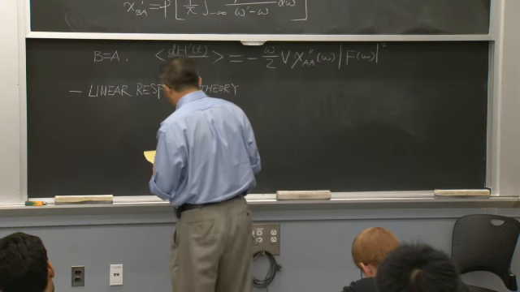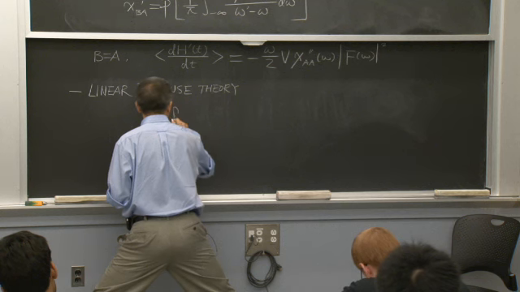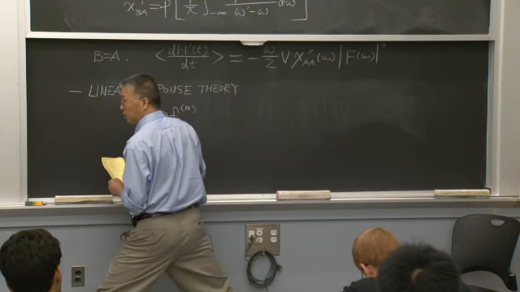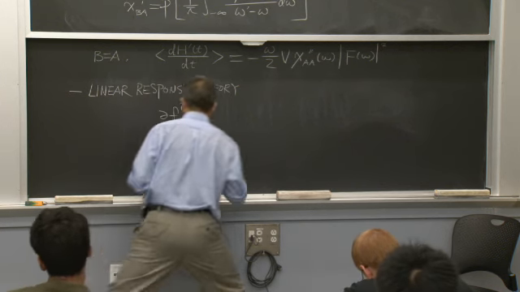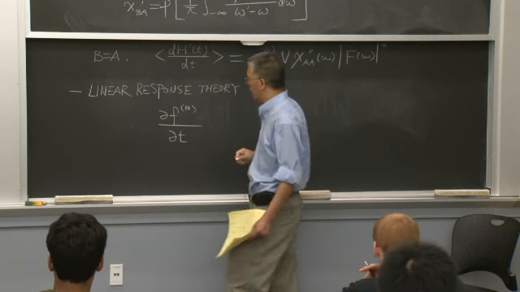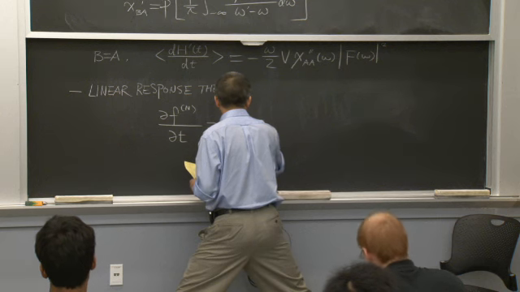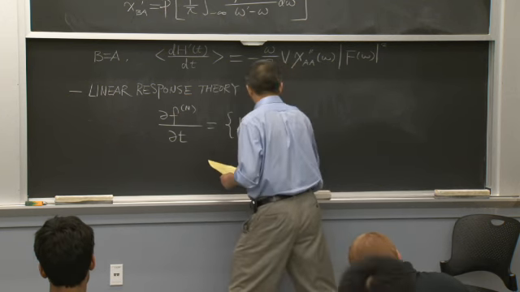So if we go back to the Liouville equation, this is a Liouville equation written in operator form. The Liouville equation is an equation for the n particle distribution function as a function of time. And we could write this in operator form. So it's the H, the Hamiltonian of the system, and the Fn.